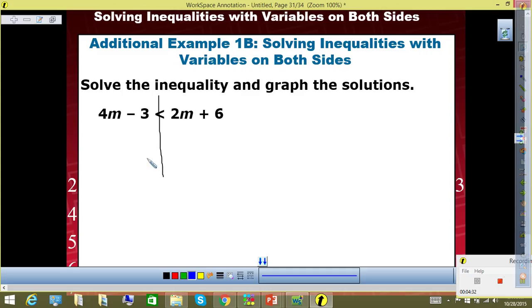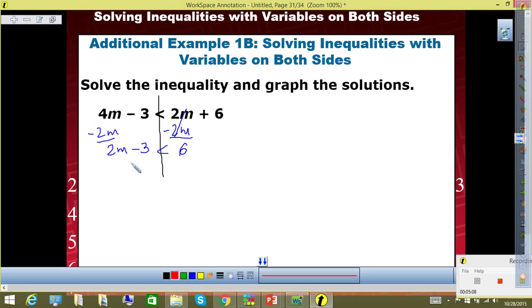Where do I start? Start with the smallest variable. What is the smallest variable? 2m, so we subtract 2m, subtract 2m. We're left with 2m minus 3 less than 6.